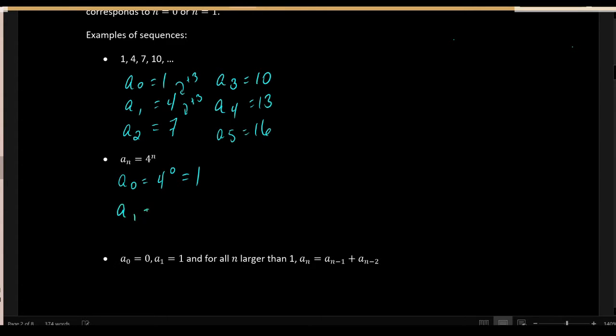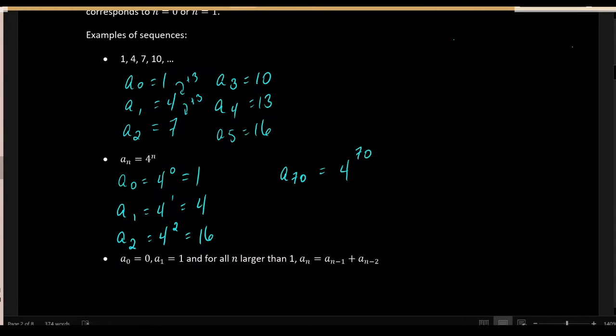A sub 1 is equal to 4 to the power 1 is equal to 4. A sub 2 is equal to 4 to the power 2 is equal to 16. And so on and so forth. In fact, if I wanted to jump all the way ahead and calculate A sub 70, then I would have 4 to the power 70, whatever number that would be, some gargantuan number.